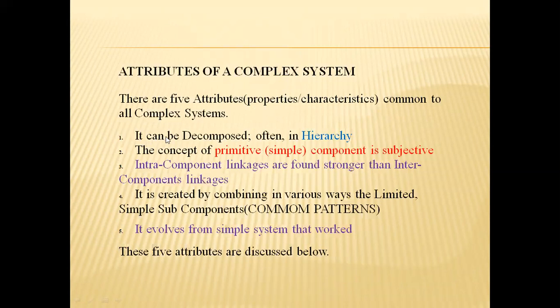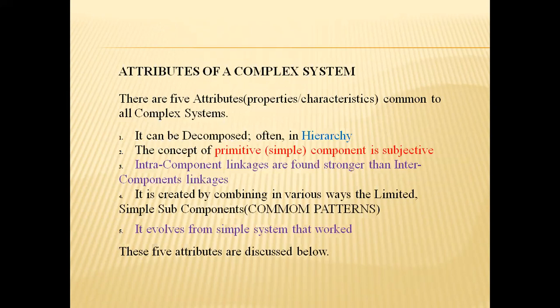Okay, first one: it can be decomposed in a hierarchy. Any system can be decomposed, which means divided into different components or objects. Suppose in a college system, the college is decomposed into different systems based on the hierarchy.